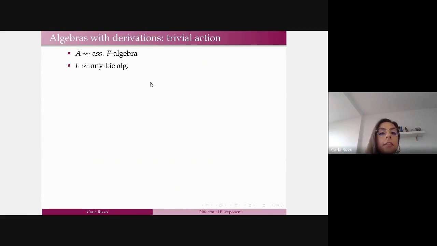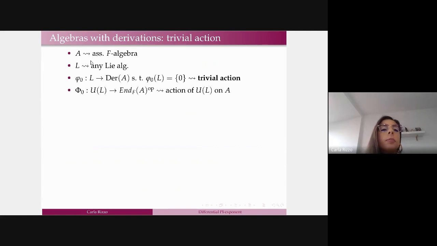Okay, so now let's see an example, when we have a trivial action. So we are going to consider an associative algebra, a Lie algebra, and then we consider the trivial action by derivation. Trivial means that L is sent to the zero Lie subalgebra of the derivation algebra. Of course we can extend this action to the action of UL, and the point is to understand which are the interesting elements in our algebra with derivation.